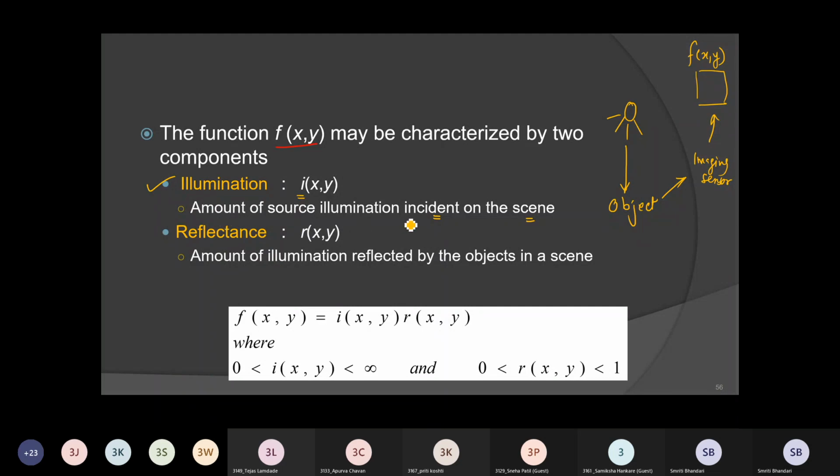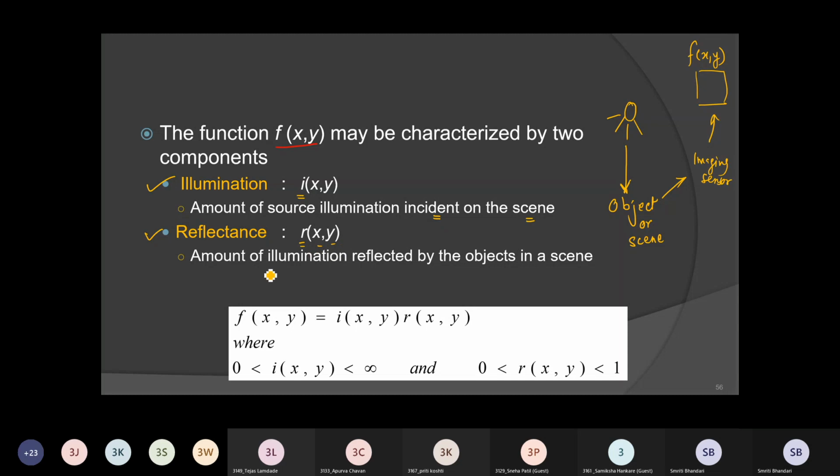So what is illumination? It is the amount of source illumination incident on the scene. So this is my scene, object or scene, right? So the amount of source illumination incident on my object or scene is known as illumination and denoted as i(x, y). And another component forming my function f(x, y) is reflectance. So what is this reflectance?